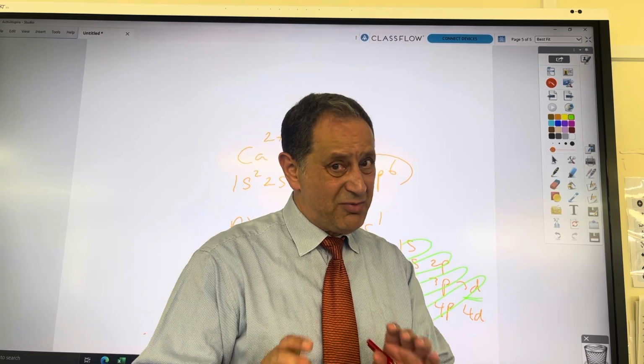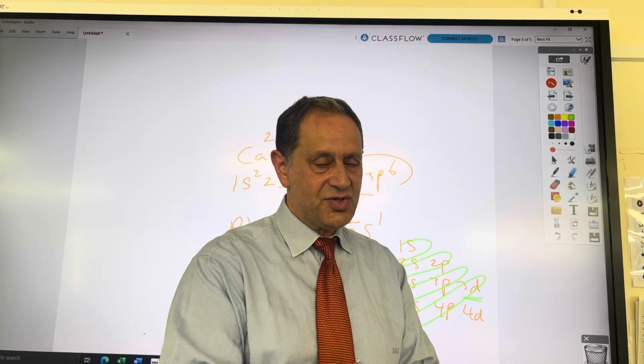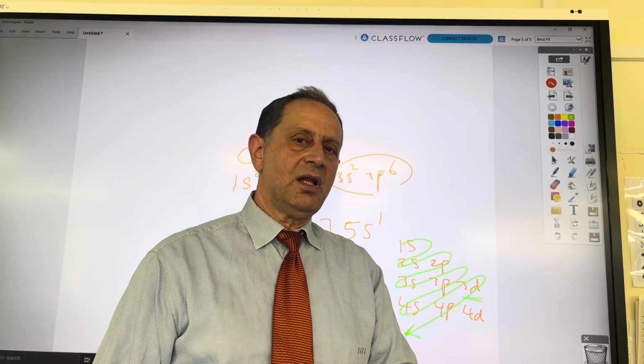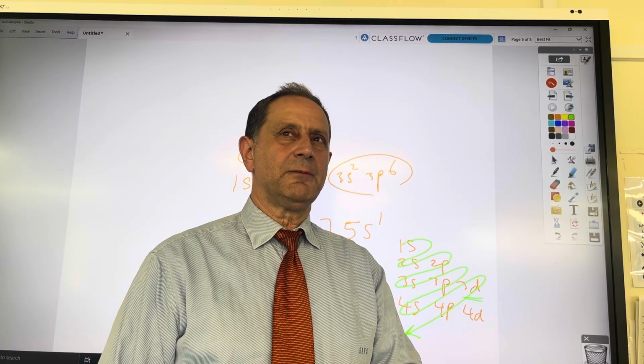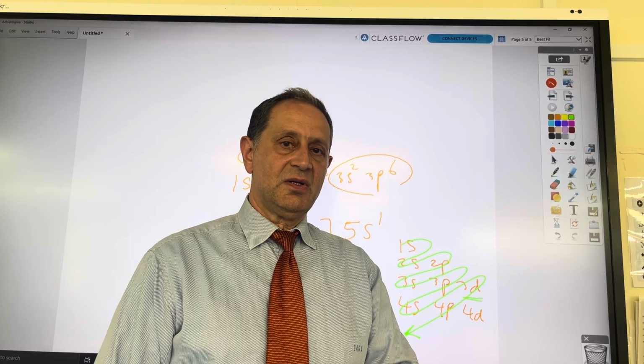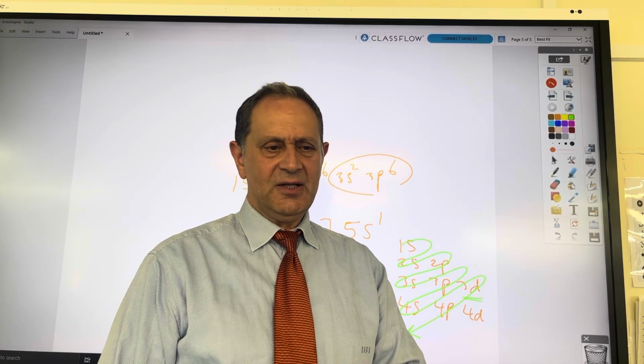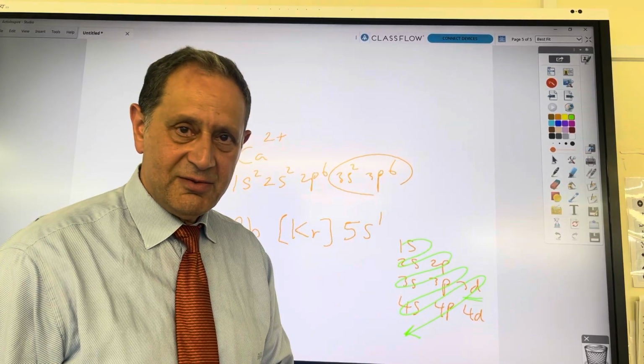I'm not digressing, it is related, but it is something we'll discuss in more detail when we talk about the transition metals later on in the course, in module 5. Okay, I think that would do for the time being. All right, thank you.